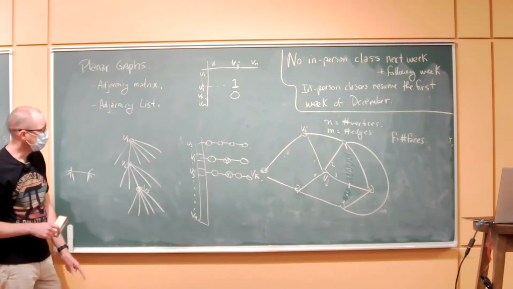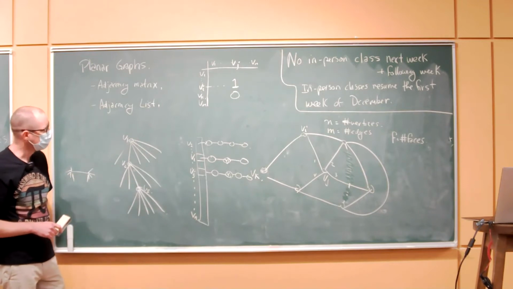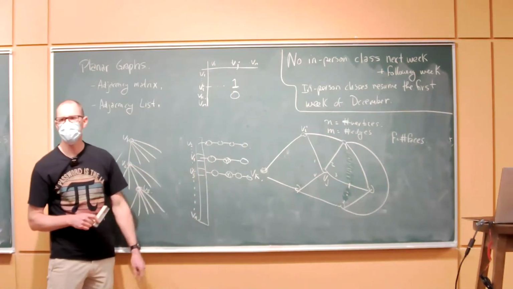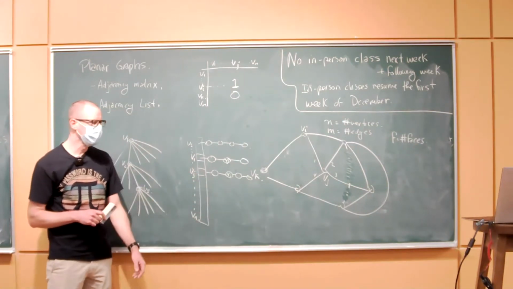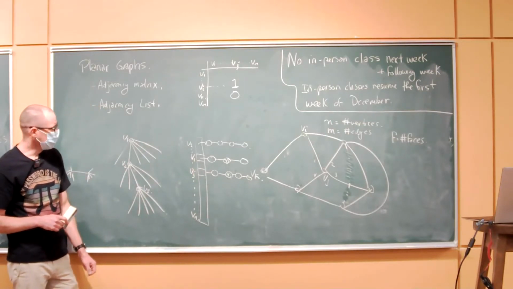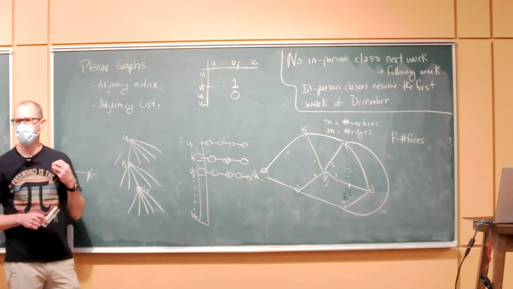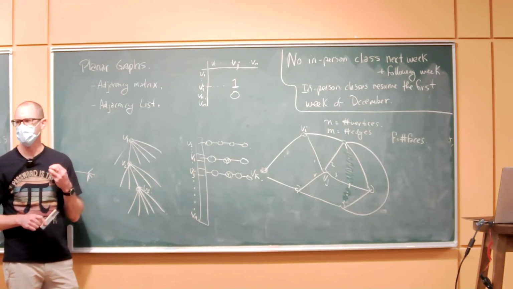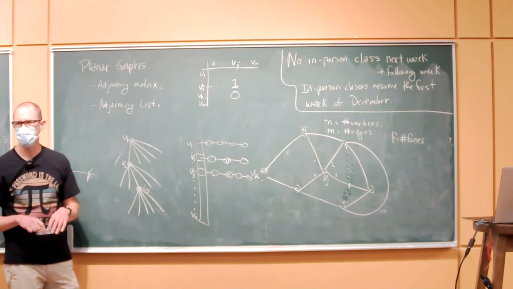Now, okay, that's good. And you can even use perfect hashing, so that will take worst case constant time, and the time to build it is expected amortized. But that seems like a lot of effort for something as simple as just being able to test if two vertices are adjacent. Surely there's a simpler way to do this.